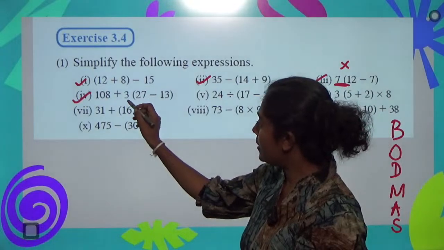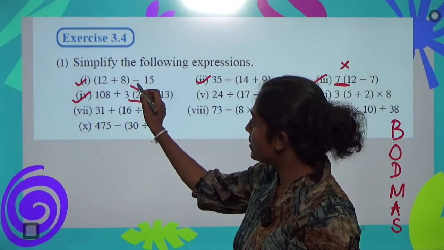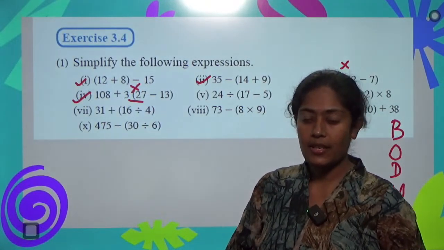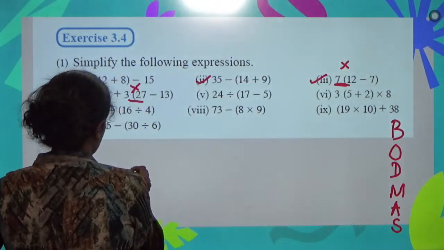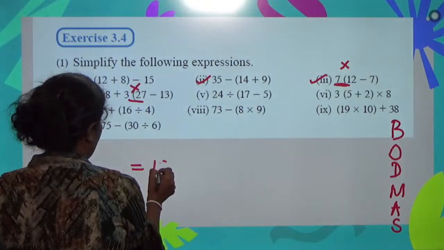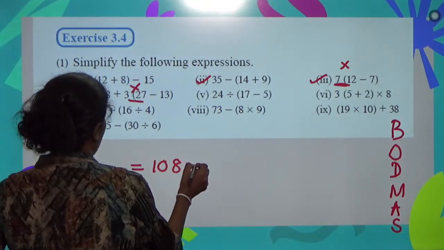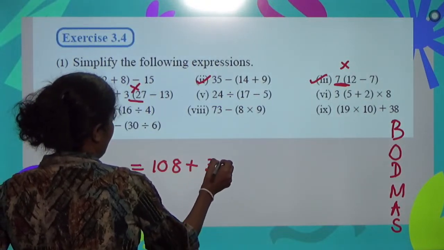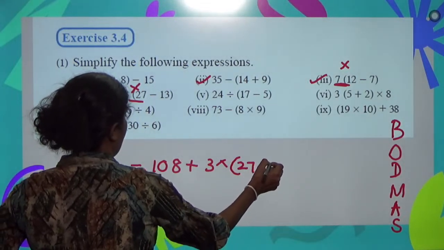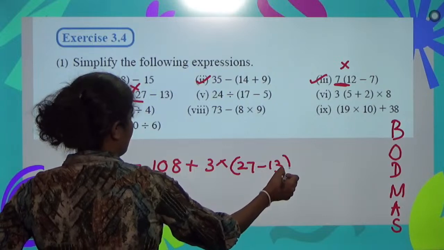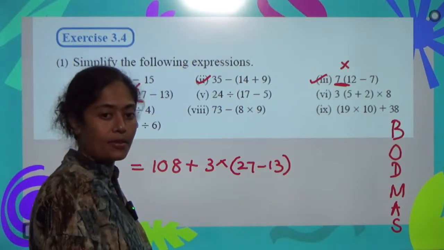In between these two, I told you there is a multiplication sign. So I will write this one like this: 108 plus 3 multiplication 27 minus 13. Now, is that okay?